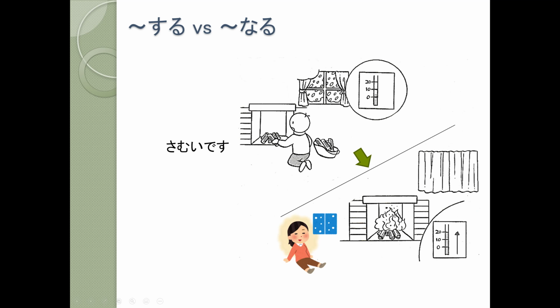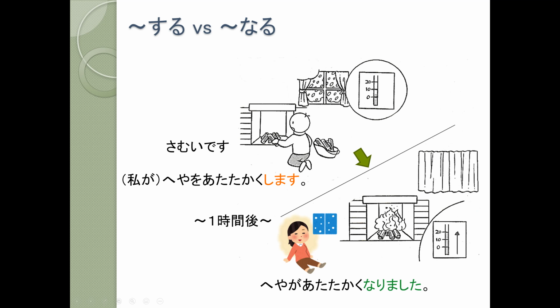So for example, 今日は寒いです。だから、私が部屋を暖かくします。I make the room warmer. で、1時間後、部屋が暖かくなりました。It has become warmer.